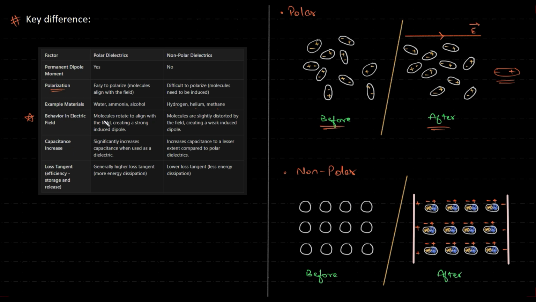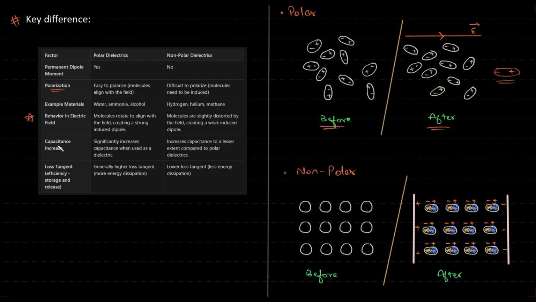In the case of polar, the molecules rotate. They have to turn to align with the field, creating a strong induced dipole. Overall, the material becomes a dipole in both cases. But in the case of polar, the strength of the entire dipole as a whole is a lot stronger than in non-polar.